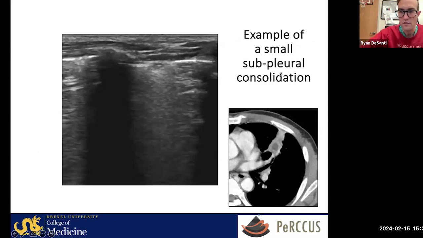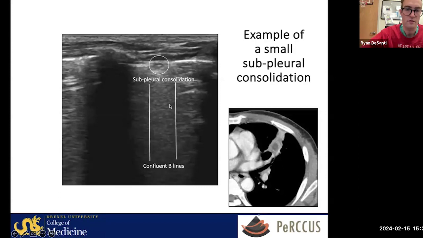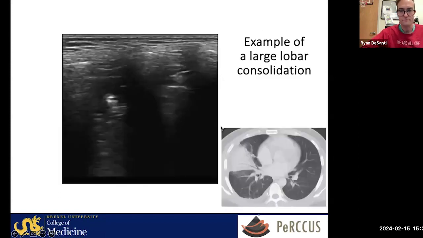And so here's an example of a small consolidation. These have also been called in the literature subpleural consolidations. You can see this little coin-shaped punch-out region underneath the pleural line, which is an example of this in the accompanying CAT scan, and then confluent B lines underneath the small subpleural consolidation.